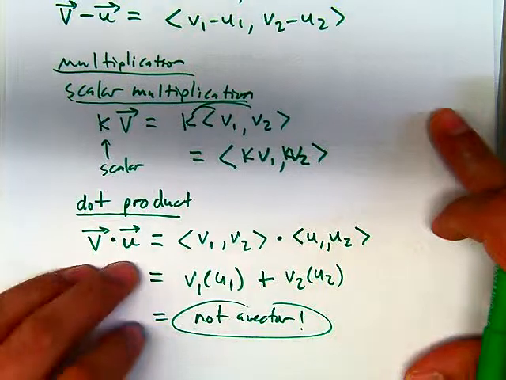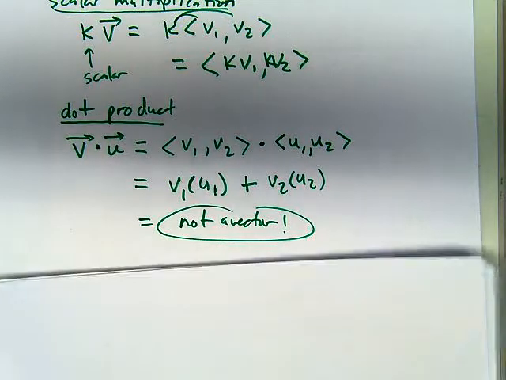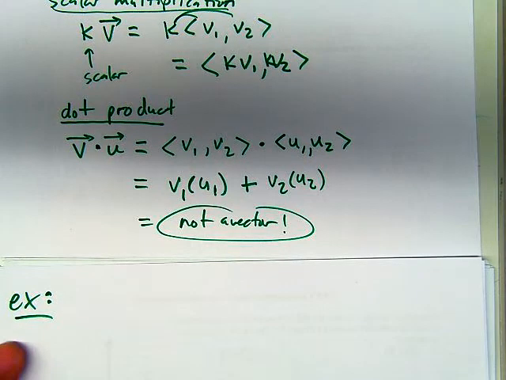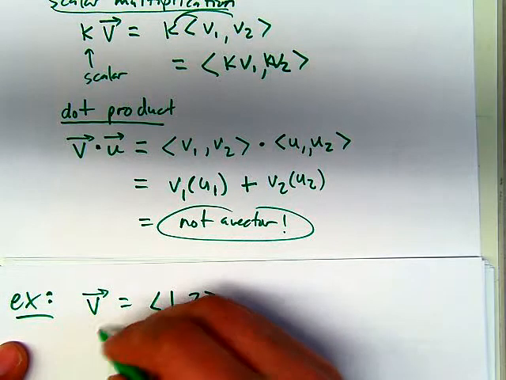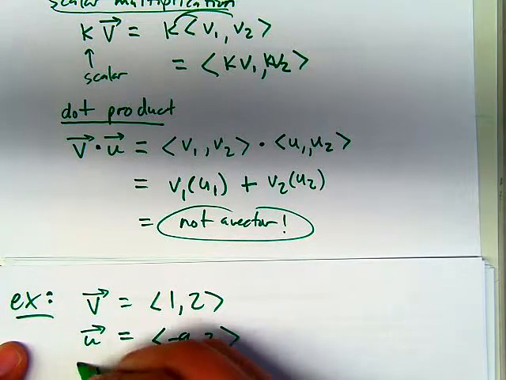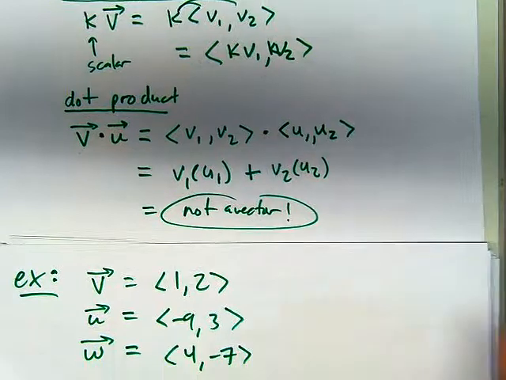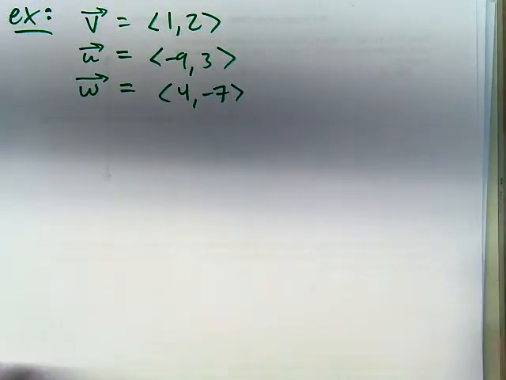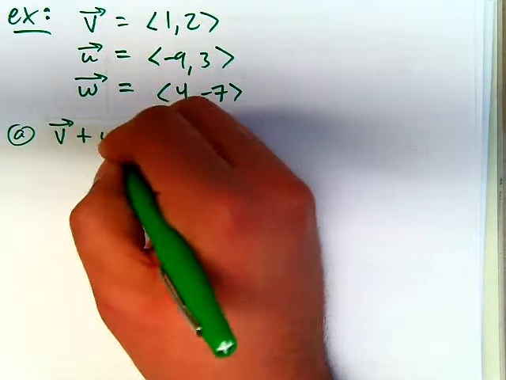All right, so let's do an example that does a whole bunch of algebra with vectors. Let's say I have v equal to the vector 1, 2, u equal to the vector negative 9, 3, and let's say w is 4, negative 7. And let's say we're going to do a whole bunch of stuff. So part A, let's say I wanted to find v plus u.